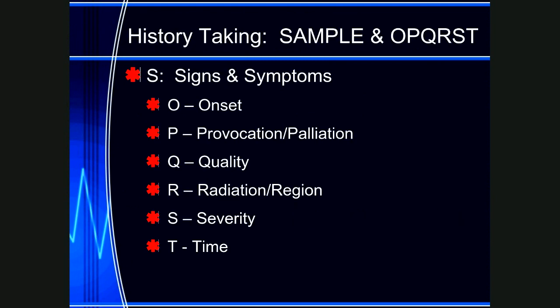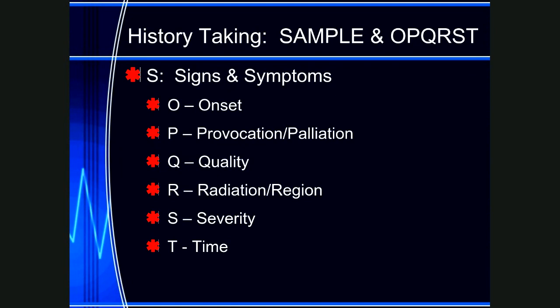So we start our history taking by using a couple of mnemonics: SAMPLE and OPQRST. The S we can take from the SAMPLE history and add it in front of our OPQRST. So S stands for signs and symptoms.